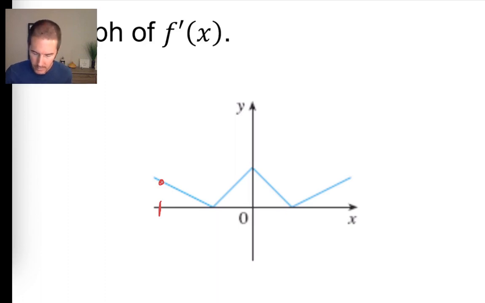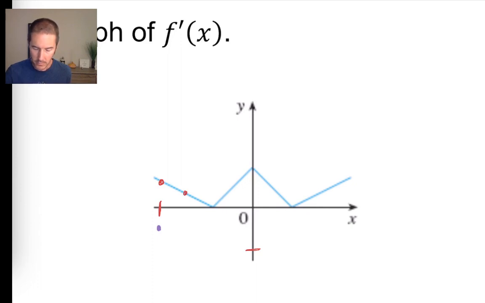It's tough without any markings on the axes, but let's call this maybe -1. So let's plot, keeping the x-coordinate the same, and we'll come down and say it has a slope of -1/2.